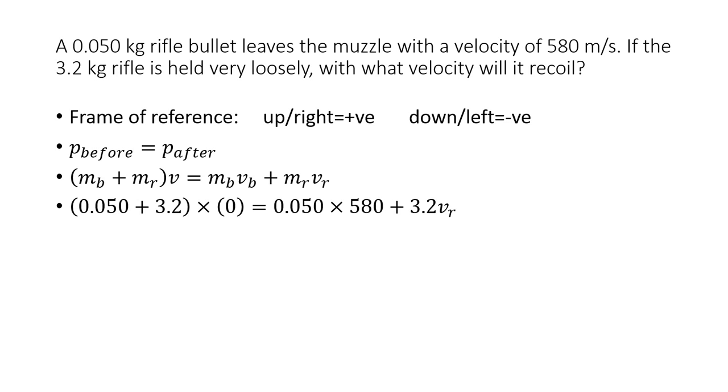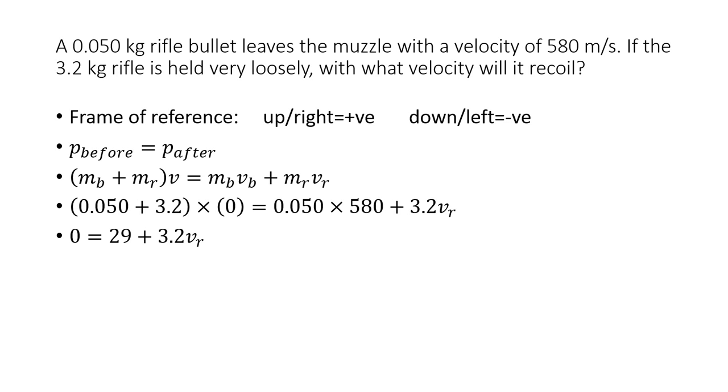Afterwards, however, the bullet, 0.05 kilograms, moves at a velocity, again to the right, of 580 meters per second, and I add that to the mass of the rifle, 3.2, times its velocity V_R, which I'm going to solve for. So, again, if I multiply all that stuff on the left by 0, because it's not moving, its momentum is 0.